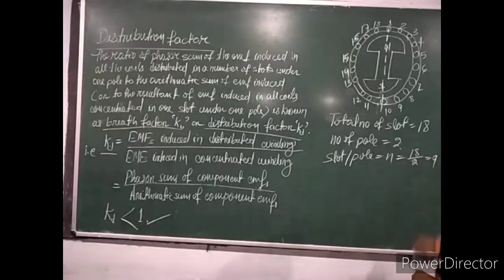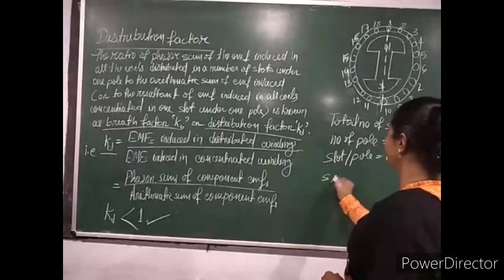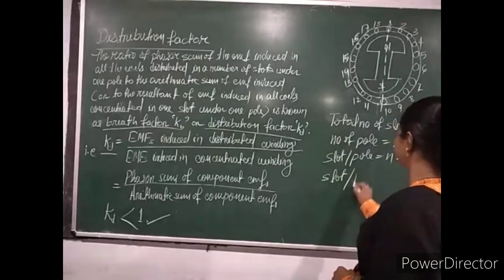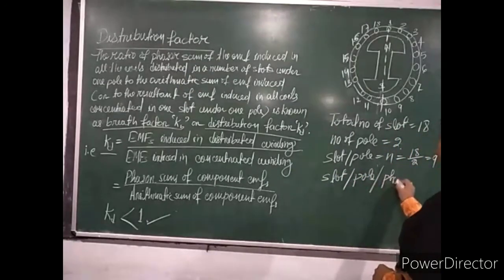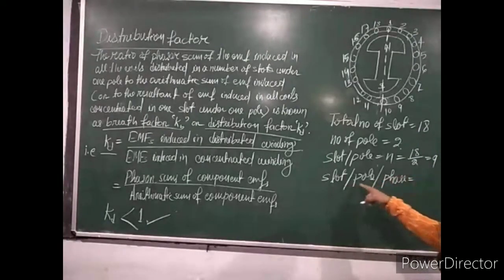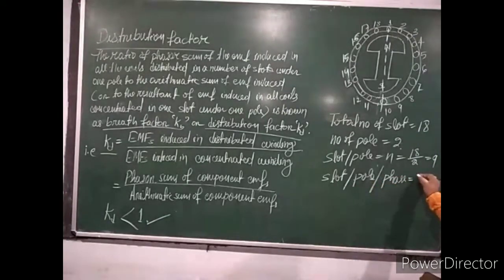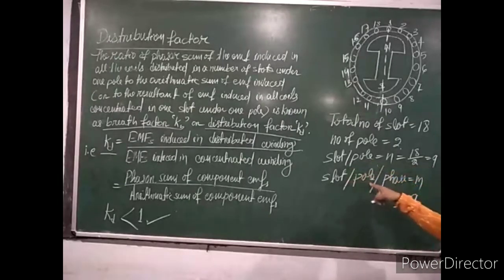Is 9. And the number of slots under one pole under one phase is named slots per pole per phase. It is denoted by a small letter m, equal to the number of slots, which you already get for this synchronous machine as 9, and per phase we take a three-phase system, so divided by 3 it is 3.